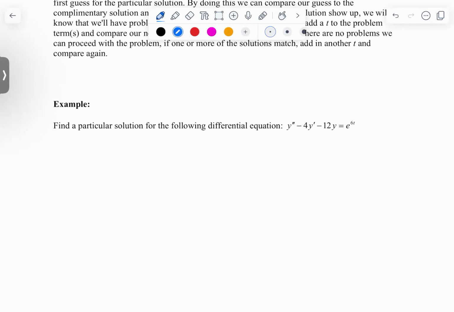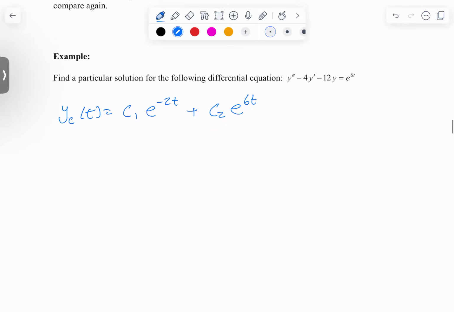So back to the same one we've been looking at, the second derivative minus 4y prime minus 12y. We've seen our complementary solution here multiple times, which is c1 e to the negative 2t plus c2 e to the 6t. Now we want to guess.